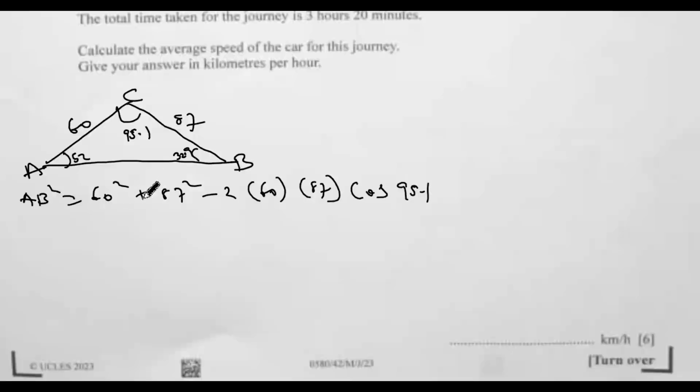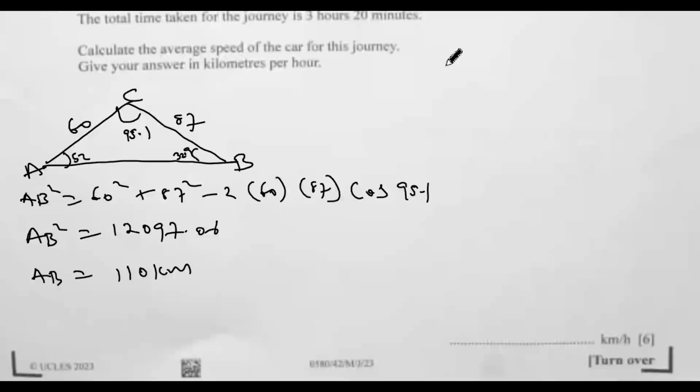So that is what you use to calculate side AB. You can easily press this inside the calculator. AB squared equals, if you do all this, you will get 1297.06. Then if you take the square root of both sides, AB will be equal to 110 kilometers.